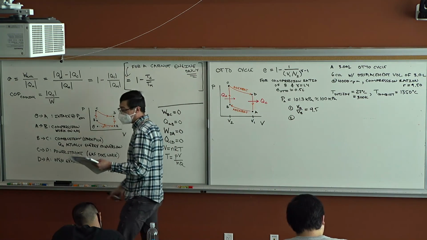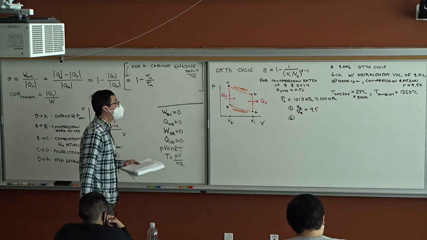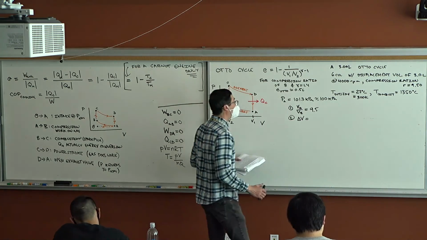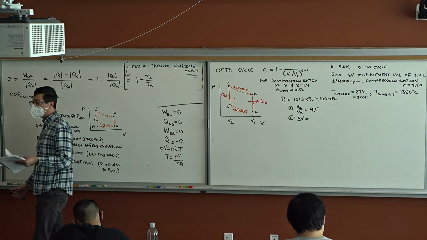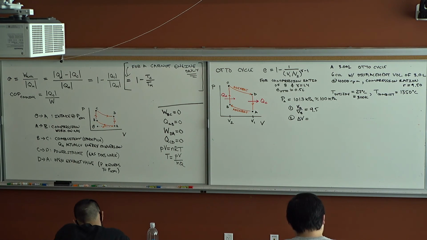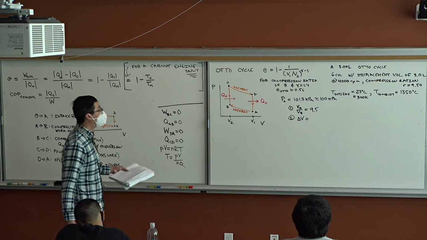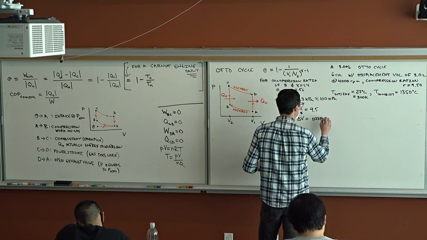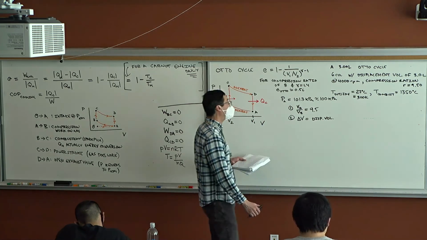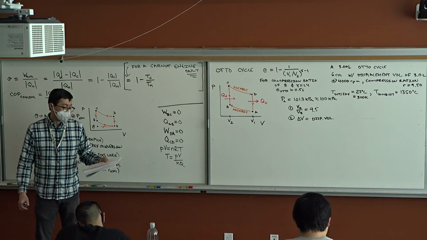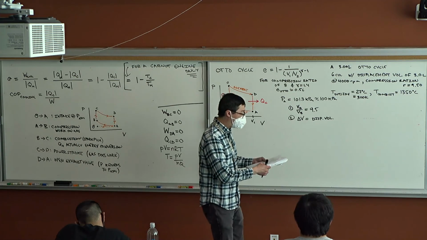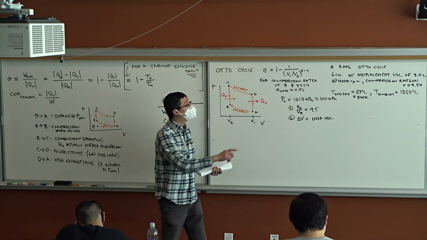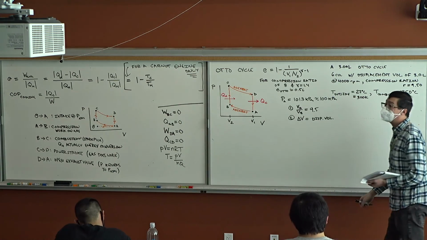So delta V is how much the volume has changed, right? And so that's our displacement volume. And what is that equal to? Well, so we have to be careful. We have 6 cylinders, right?